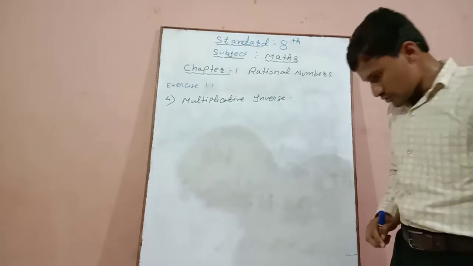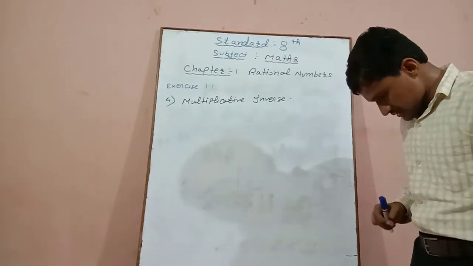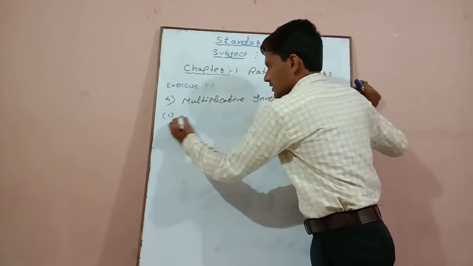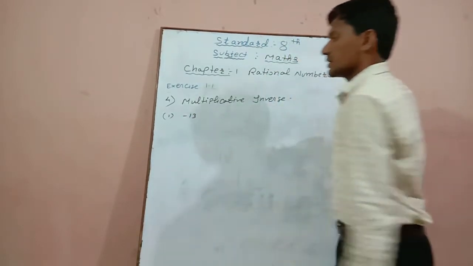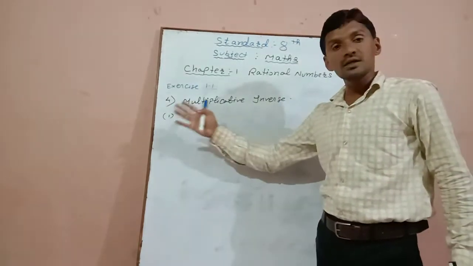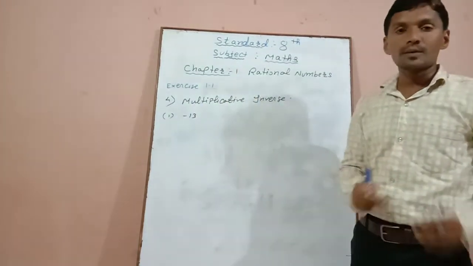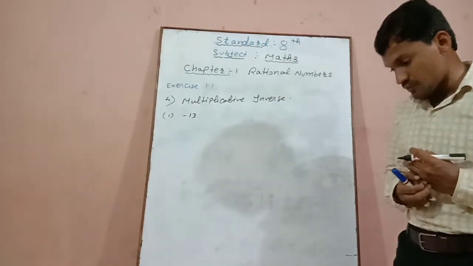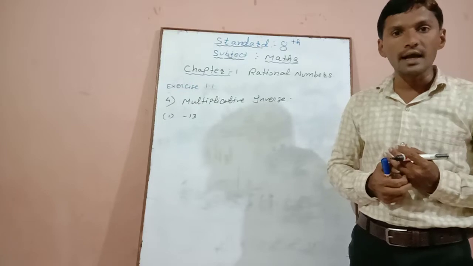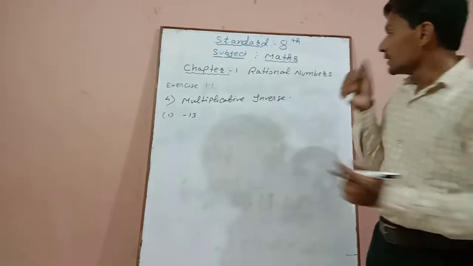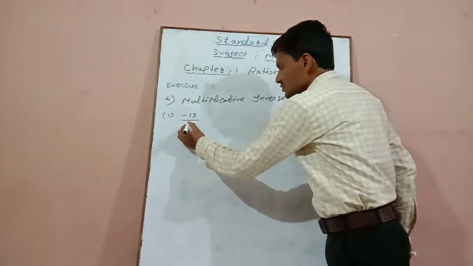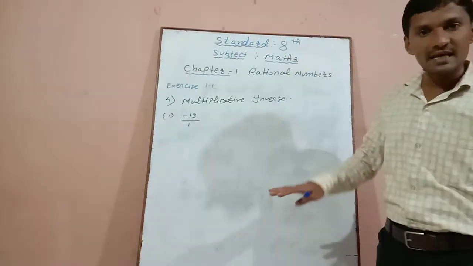The first question is minus 13. Now if we had to find the additive inverse, then minus 13 would become plus 13. But multiplicative inverse means we have to write it in the form of numerator and denominator. Here the numerator is there, but the denominator is not there, so we will write the denominator as 1.